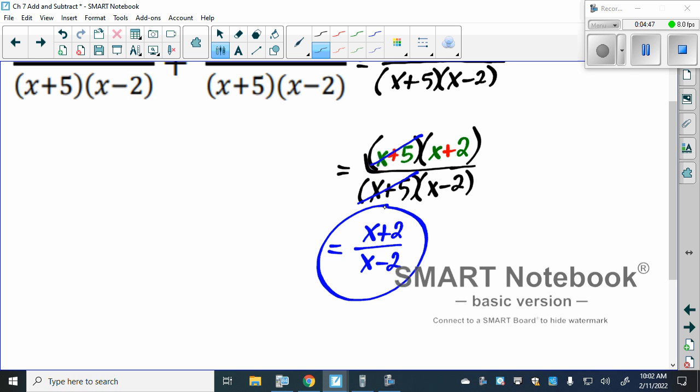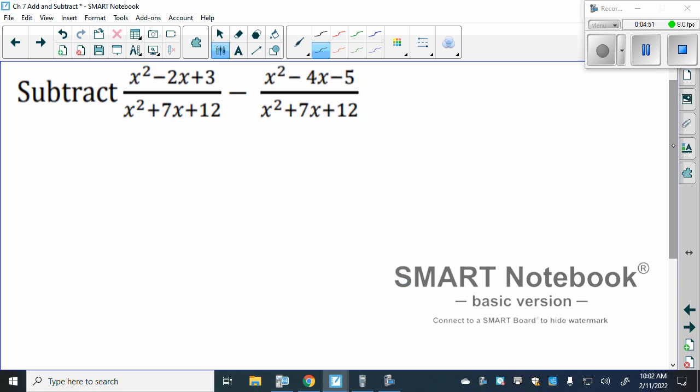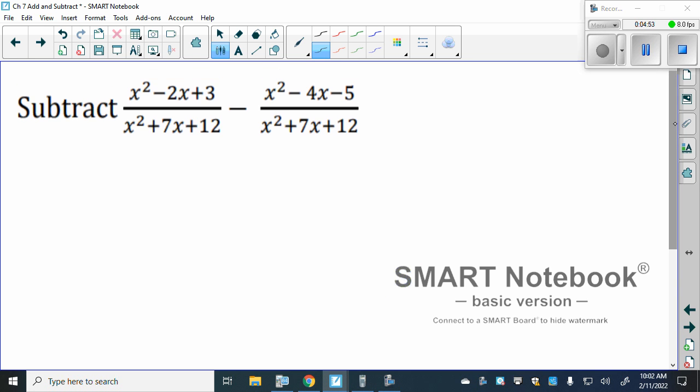Questions on this here? Let's look at the next one here. So this time we are subtracting instead of adding. Well, the denominators are already the same, yes?